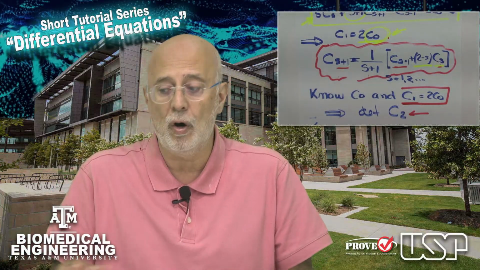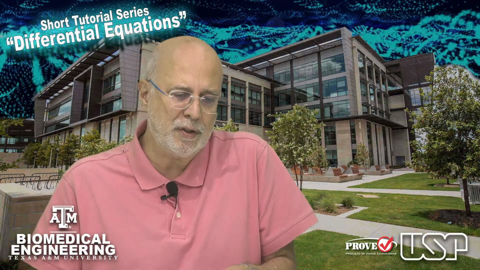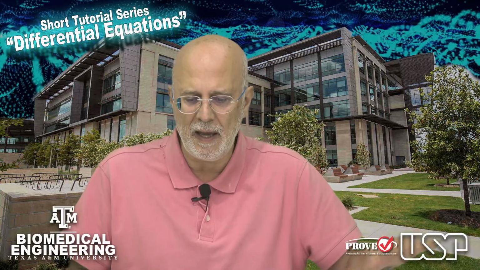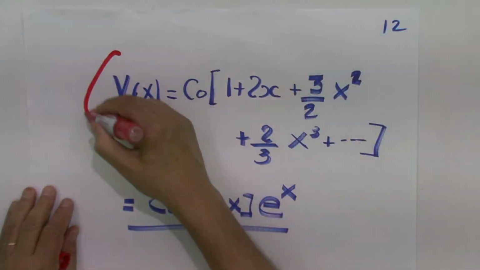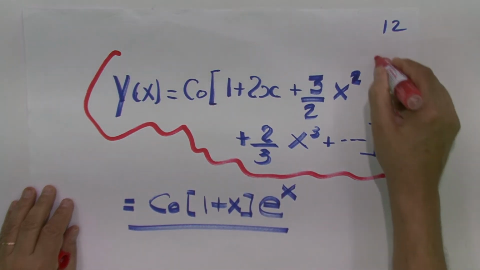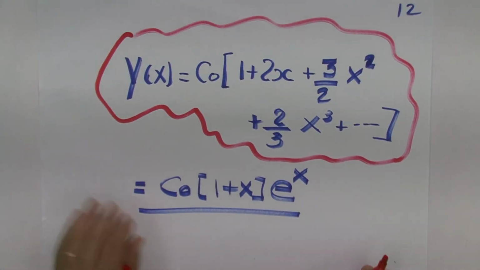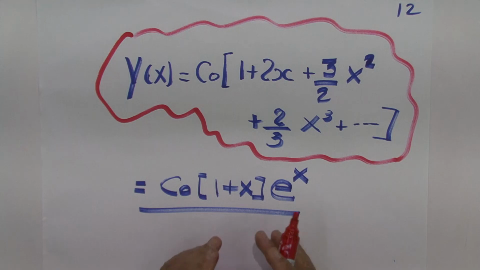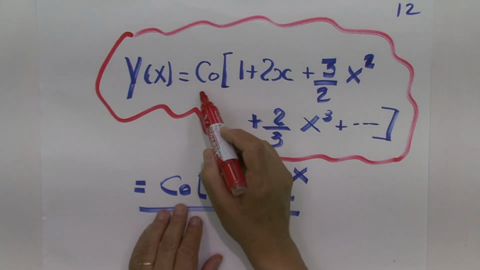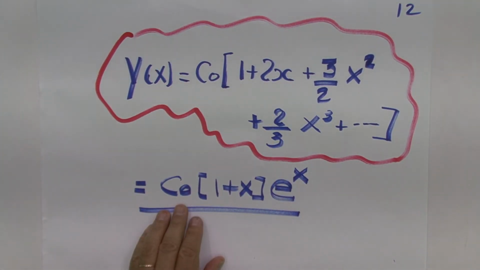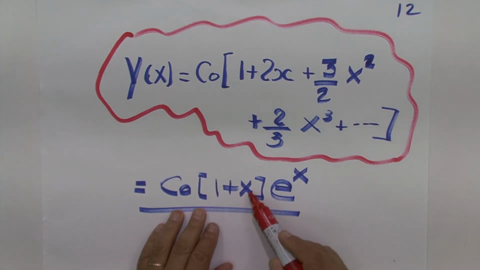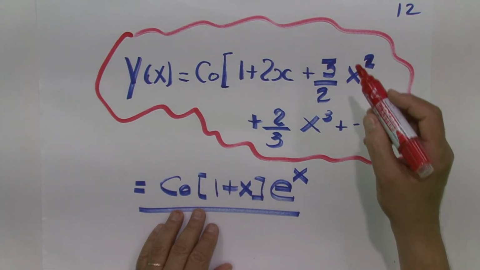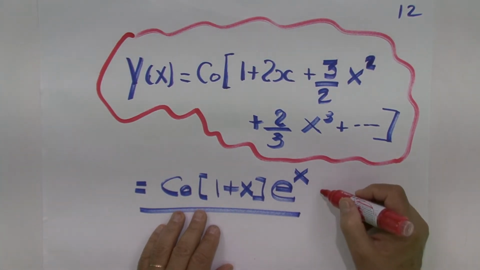And once I have all that, I put all together, and here I have the solution. So the solution for that differential equation is this. If I write this, I'm correct. But of course, I can put the C0 outside, and then I can identify that everything can be multiplied by 1 plus x, and the final series that I end up with will be the exponential.